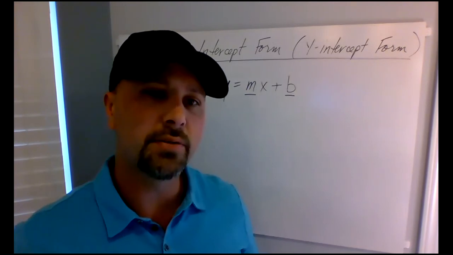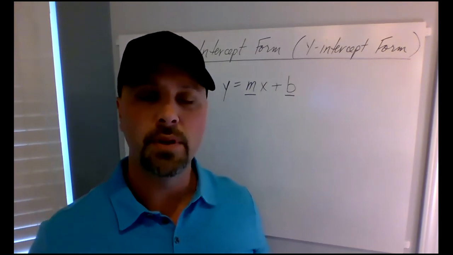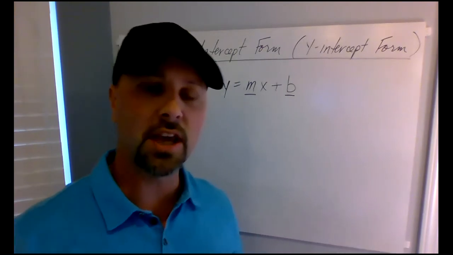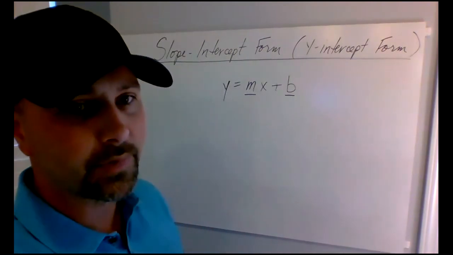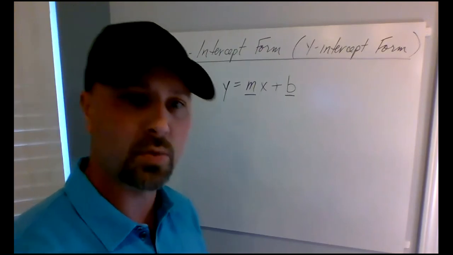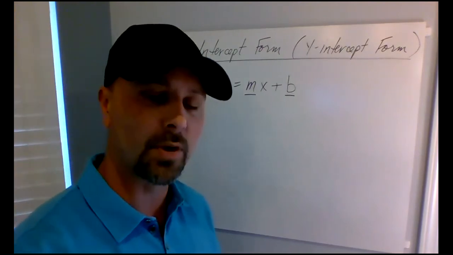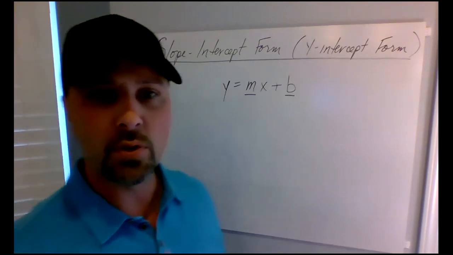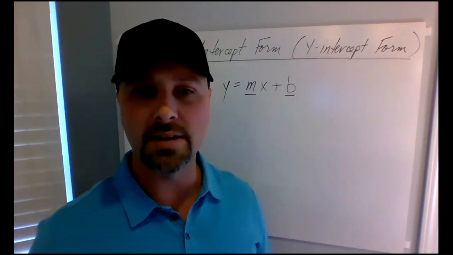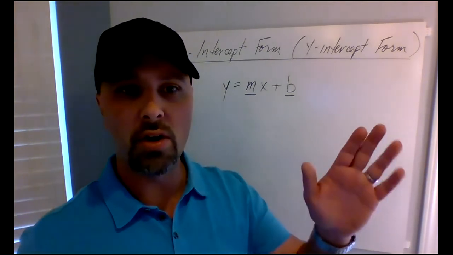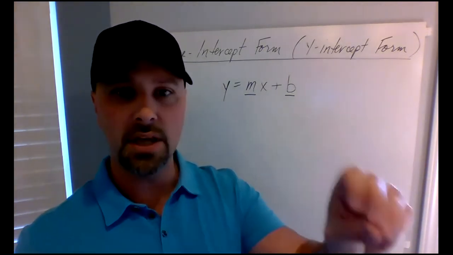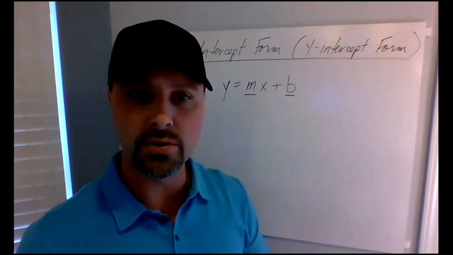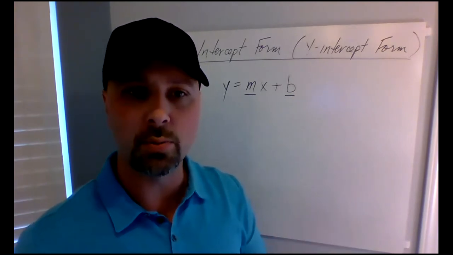Something else I want you to think back to: earlier in the week we talked about slope, and when you do not have a graph to look at and you're asked to find slope, you need to go to the formula sheet and find that formula, y2 minus y1 over x2 minus x1, and plug them in that way, if you remember. But if you also remember from that video, I said on the formula sheet it says m equals, and I told you then that m is the universal variable that we use for slope.